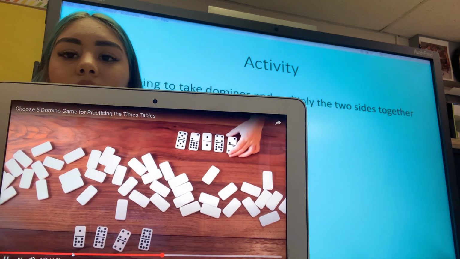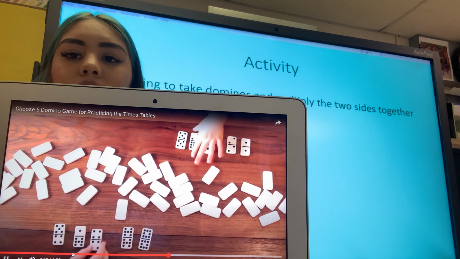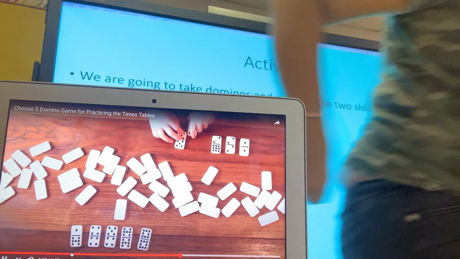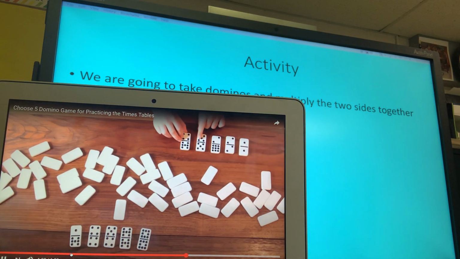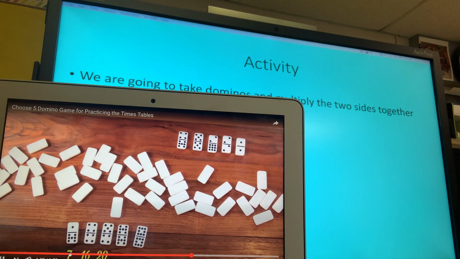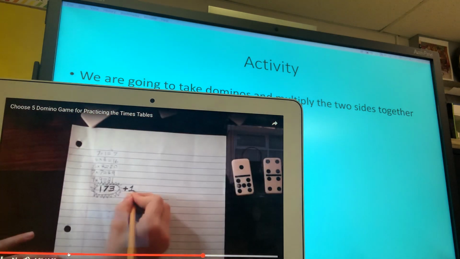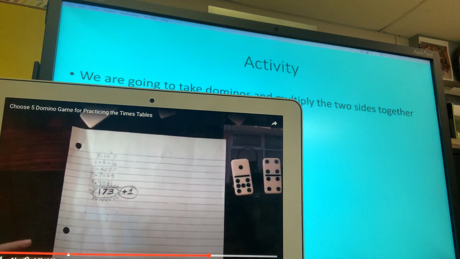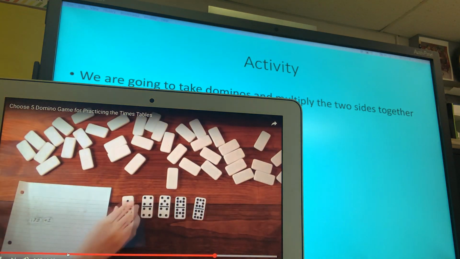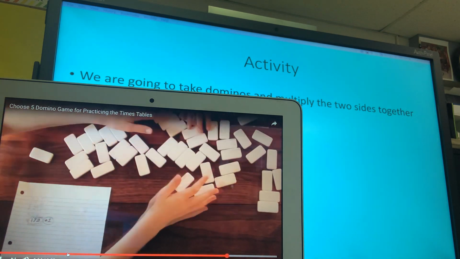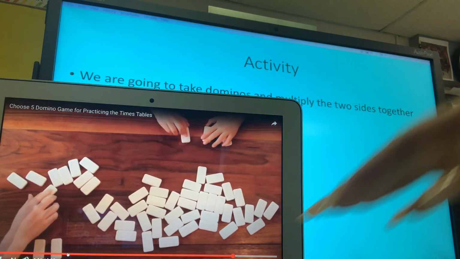Take the products and arrange them in order from least to greatest. Using scratch paper, add up all 5 domino products and write down the total. The player with the most points wins that round and receives 1 point. First player with 5 points wins the set. Quick to learn and easy to play, this game is sure to be in your top 5 favorite games.